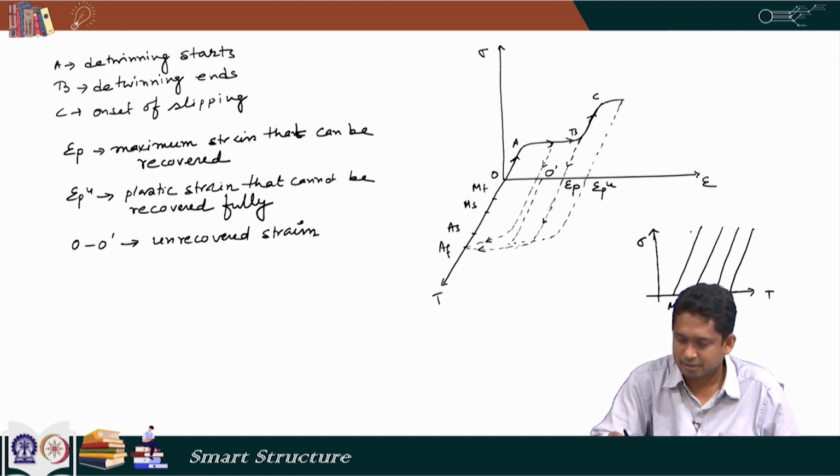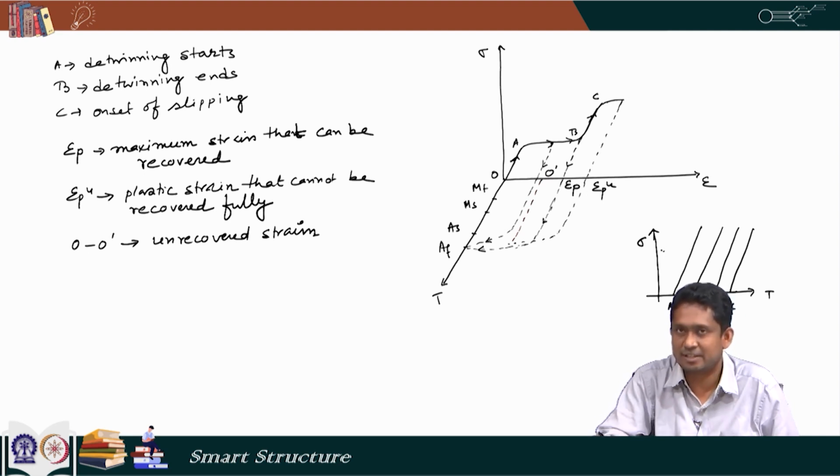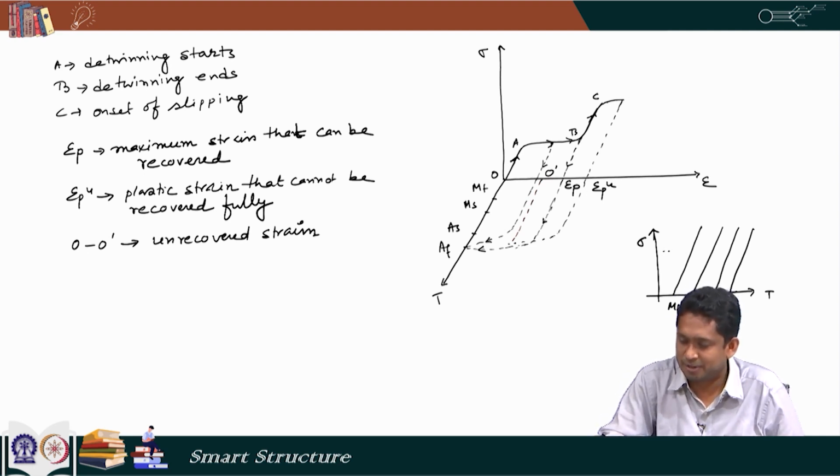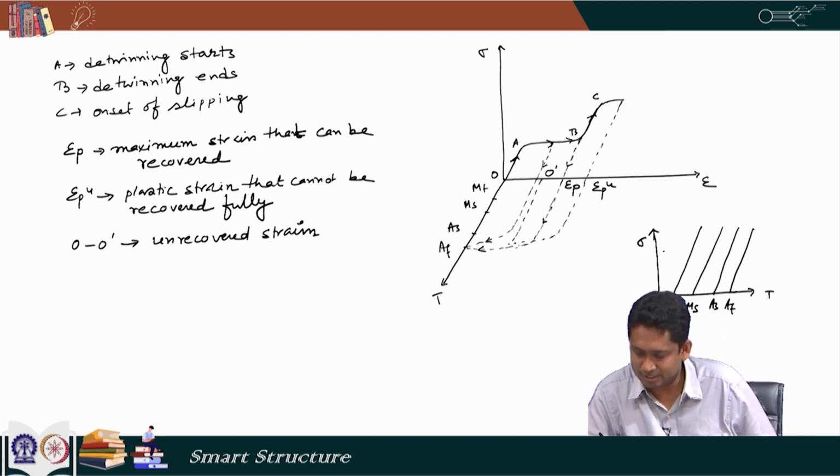Now, when we are at B, that means we are somewhere here, initially the temperature is below MF and the material has already detwinned. So, stress is relatively higher. Now, from here the material is fully martensite. So, if I look at the xi versus T diagram at this level, it would look like this.